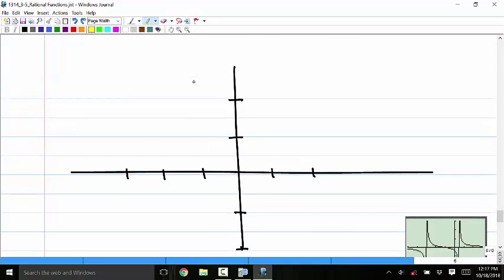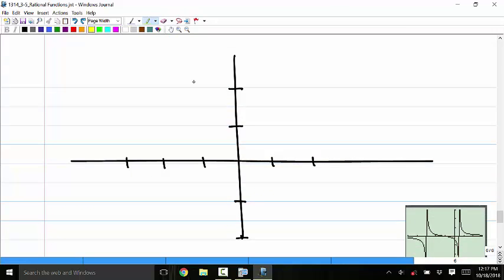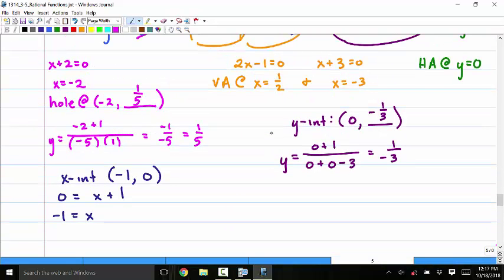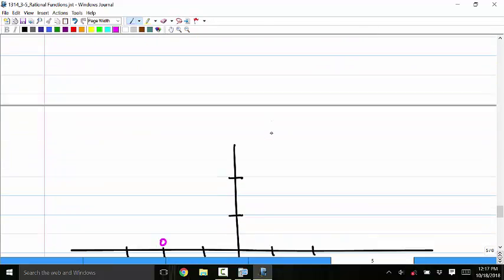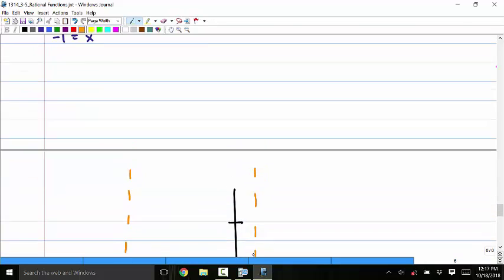Where was your hole? Negative 2, 1/5. Where are your vertical asymptotes? Negative 3 and 1/2. Where's your horizontal asymptote?